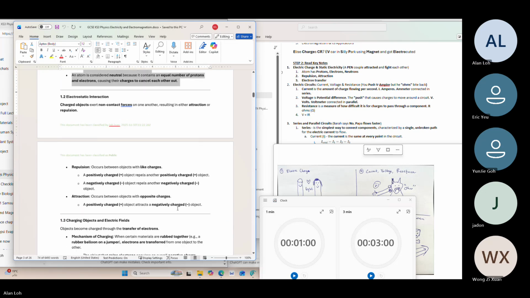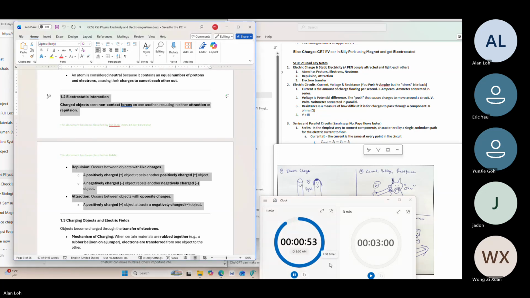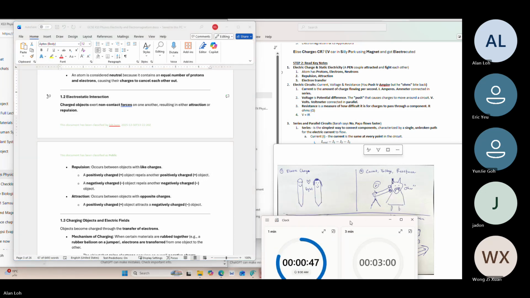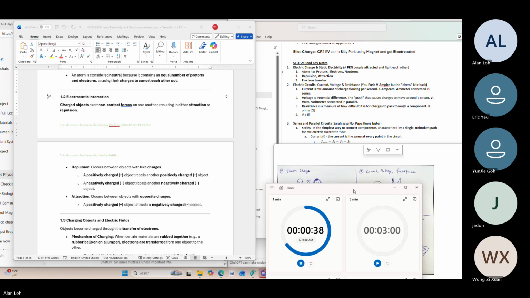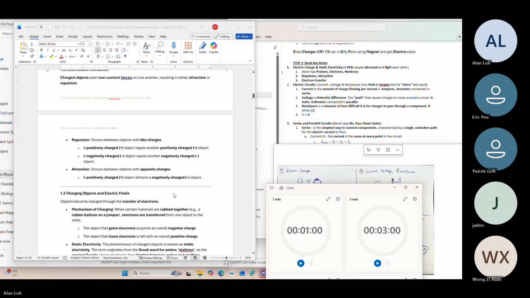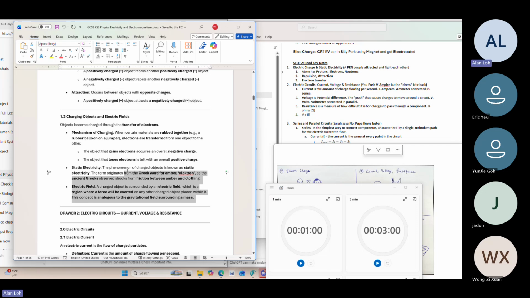Okay, let's do this 1.2. 30 seconds also. Let's start now. This is drawer number 1. Okay, let's do the same drill for drawer number 1, 1.3, which is electron transfer.